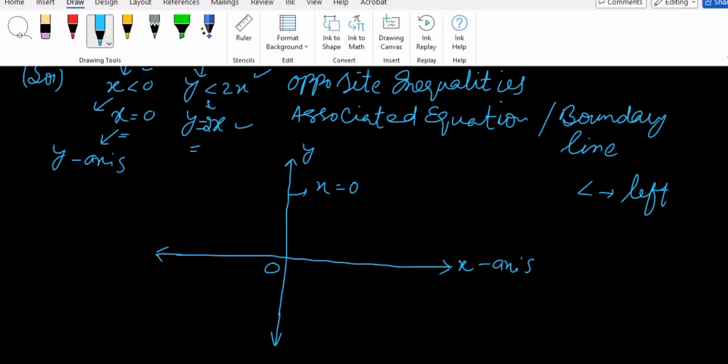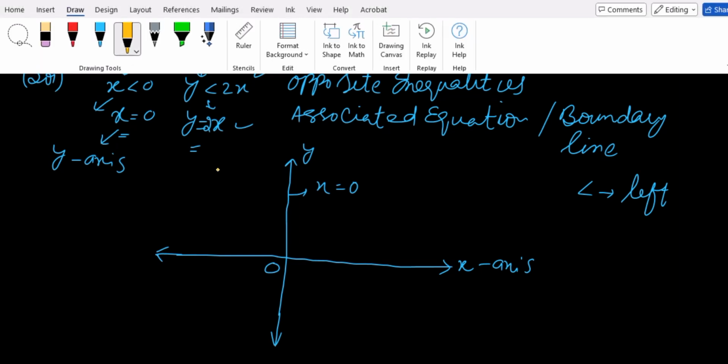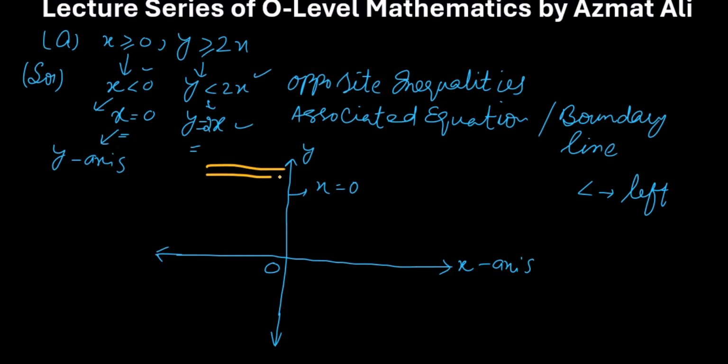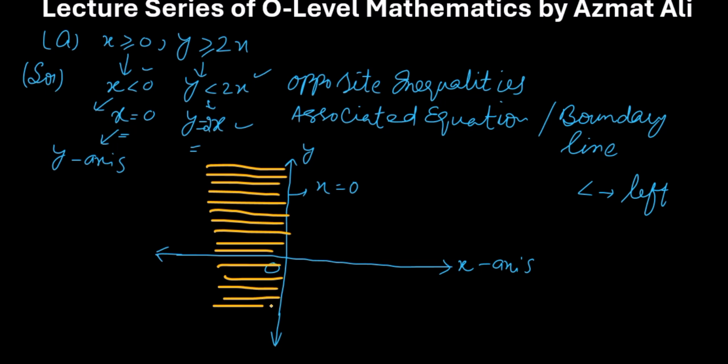This can be represented as this area, which is your second and third quadrant. You know well, in the second and third quadrant, x is always less than 0. So from this boundary line, we shade to the left side, and this shaded region shows x less than 0.